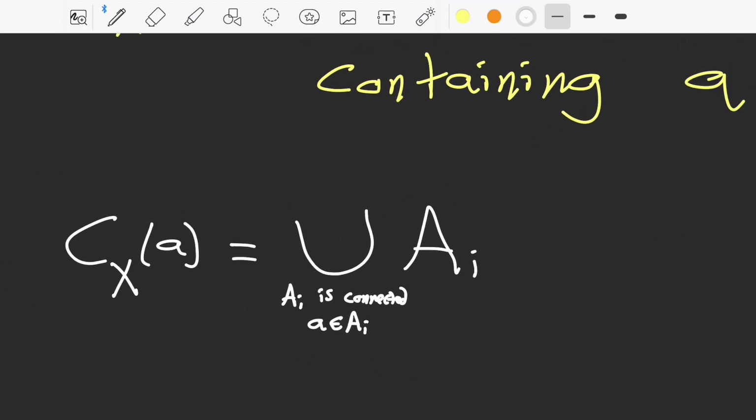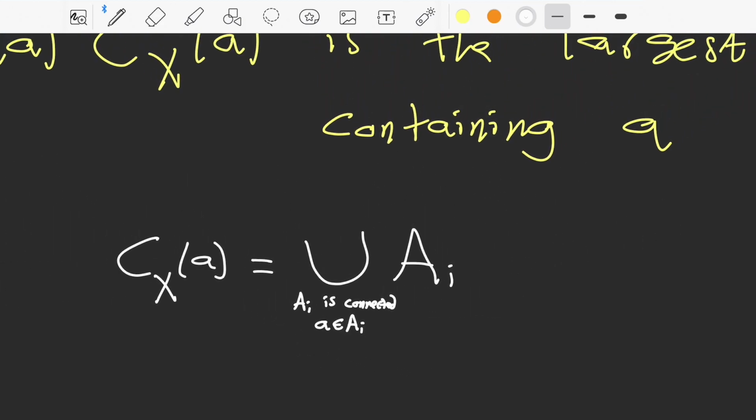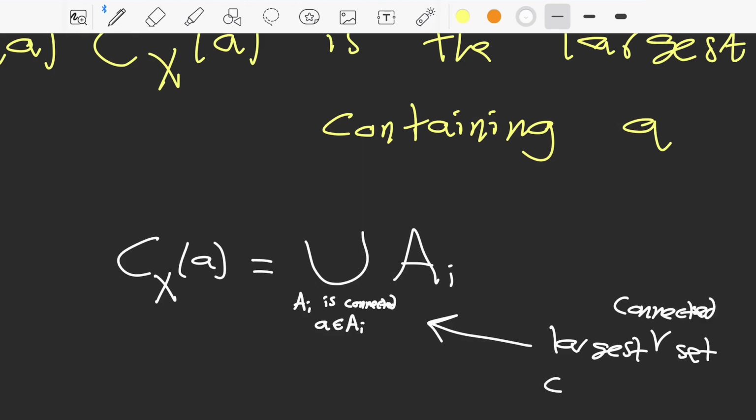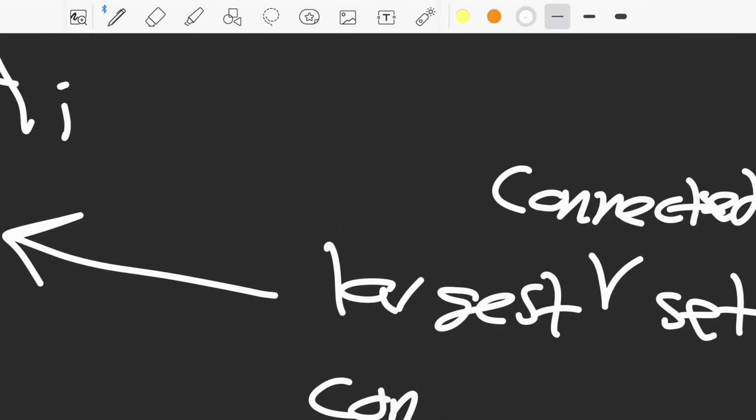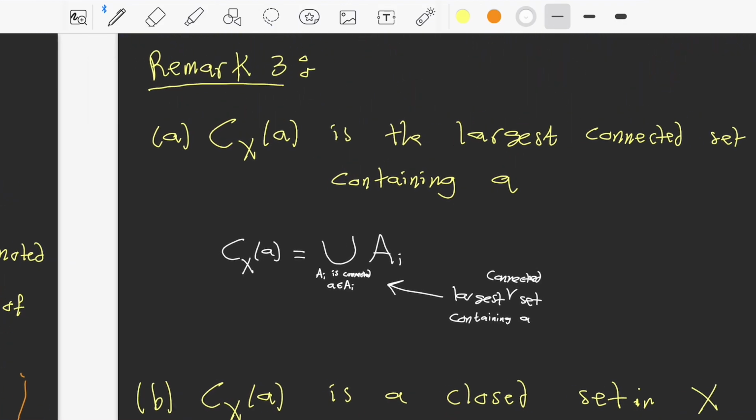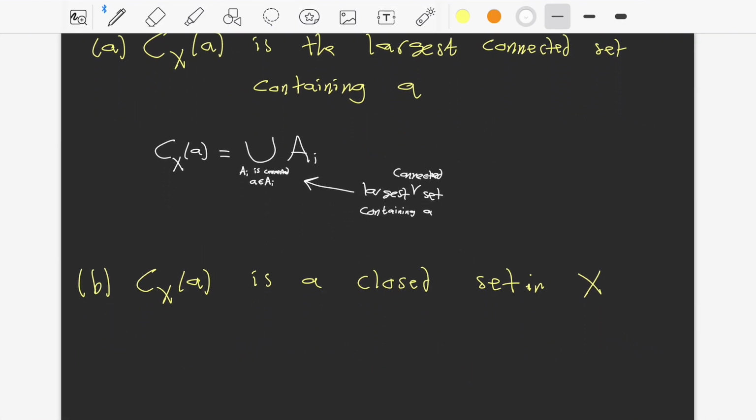So we have all the connected sets that contain A, and of course this will be the largest in terms of the subset relation, the largest connected set containing A. So there is nothing more we need to say about it.